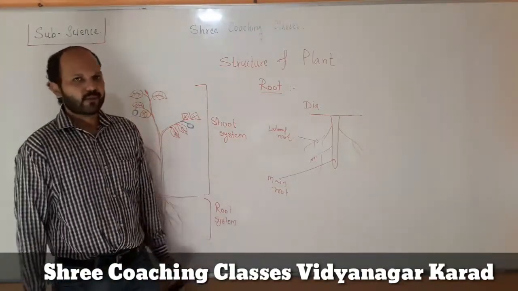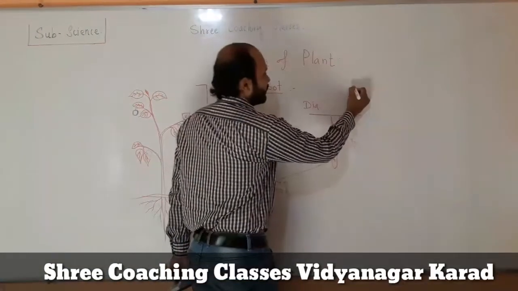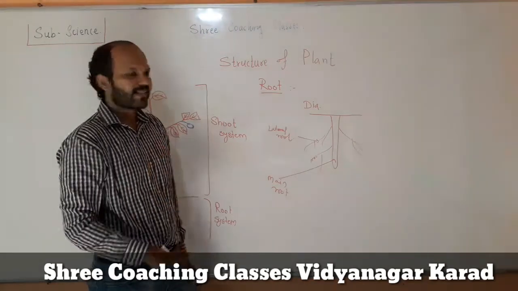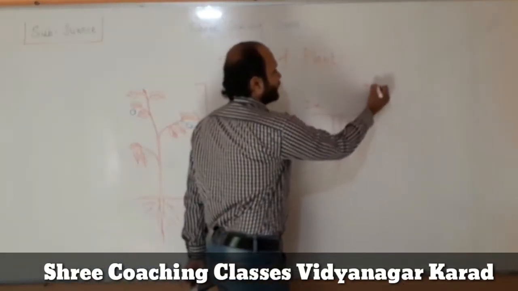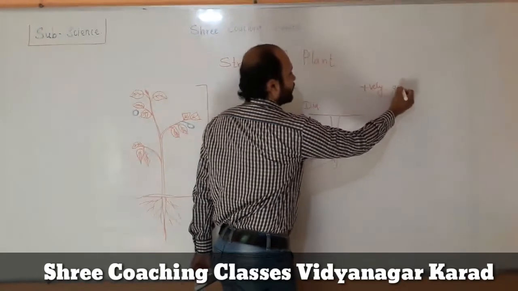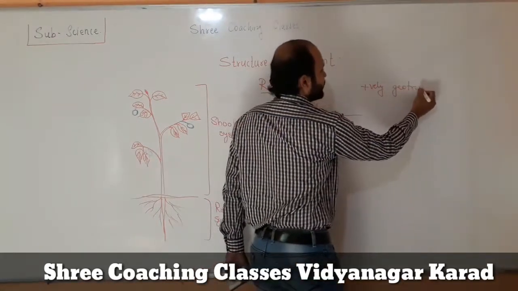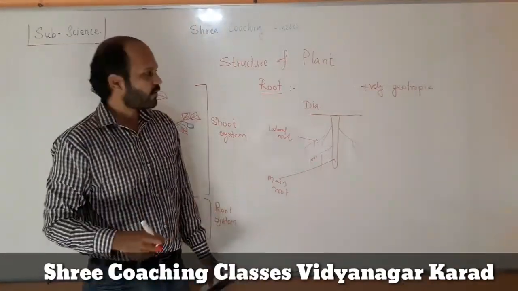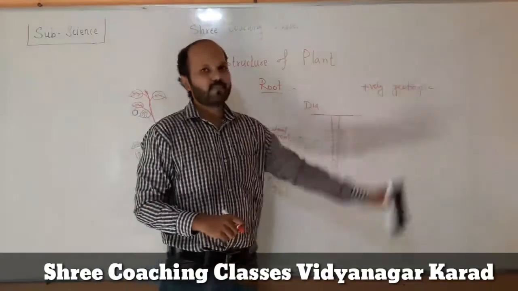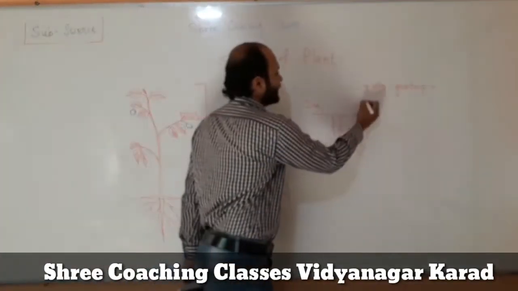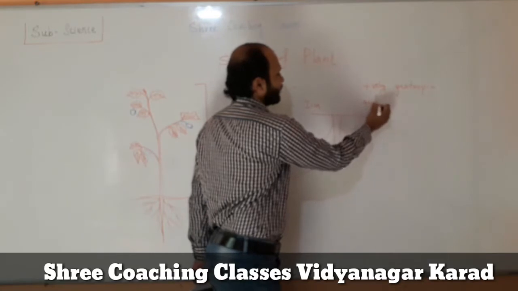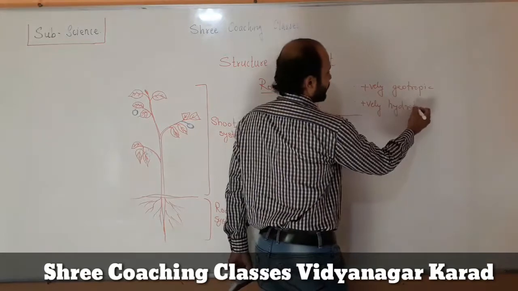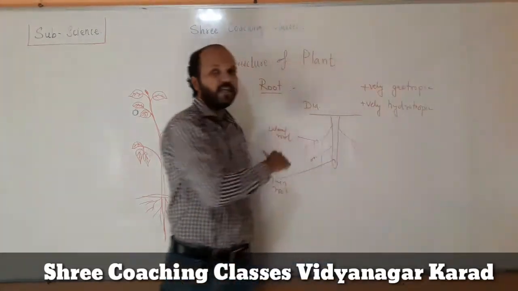Now we will see point wise. What is root? Roots are present below the ground. That means roots are positively geotropic. Geo means ground or land. Again we can say that roots are positively hydrotropic.